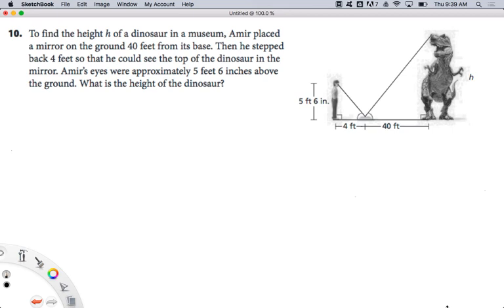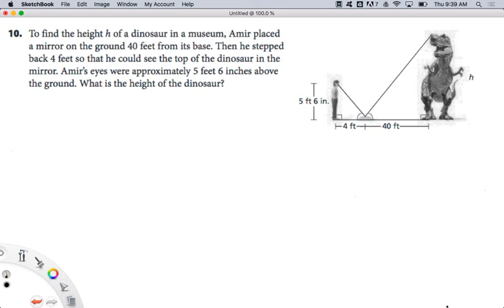Okay. All right. So we see a pretty ingenious way here of measuring the height of something. I'll give you just a visual image of this. So here's a person, and there's the T-Rex standing in the distance. He puts a mirror on the ground facing up so that when he looks down into the mirror, he sees exactly the top of the Tyrannosaurus Rex's head in the mirror.